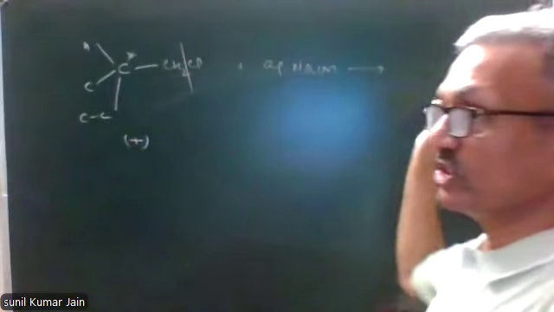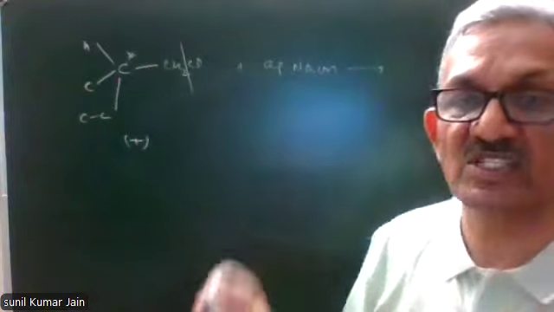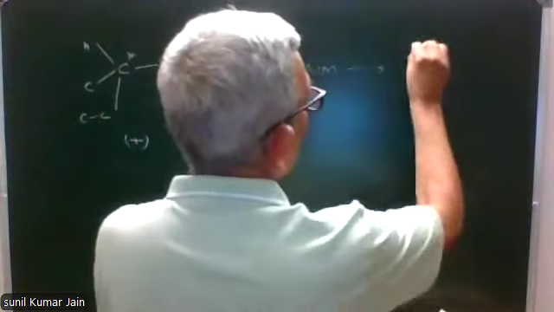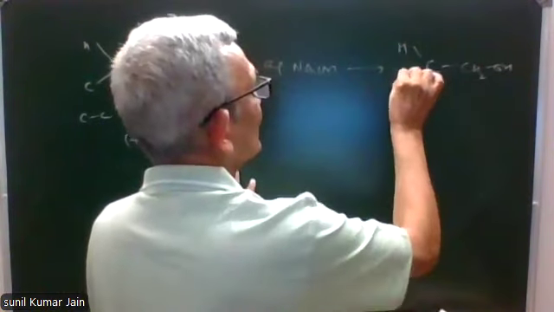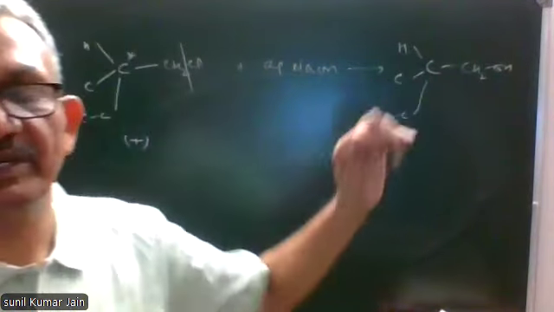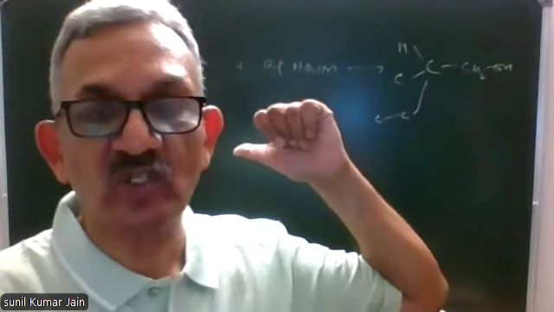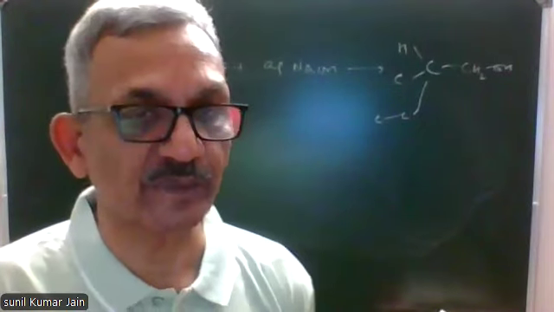Therefore, the configuration of the product will be the same as the configuration of the reactant. This is called retention of configuration. So the product will be called plus 2-methyl-2-butanol. The reactant was plus, the product is also plus. This is retention of configuration.